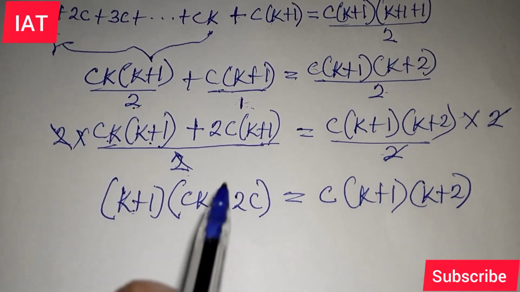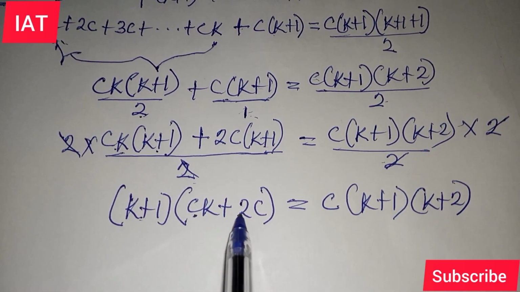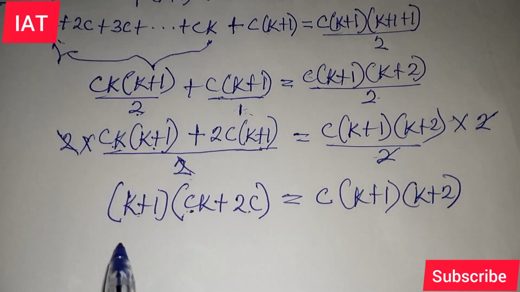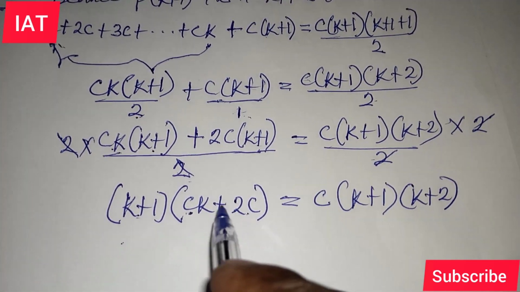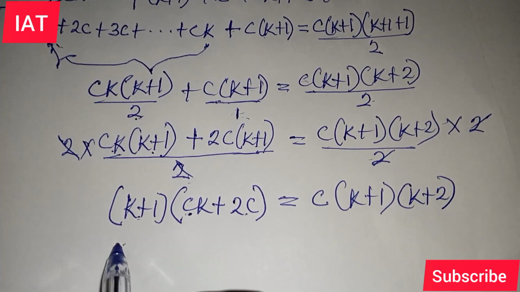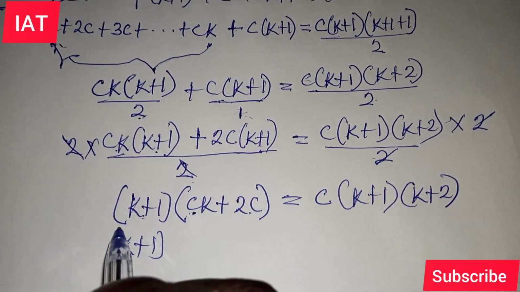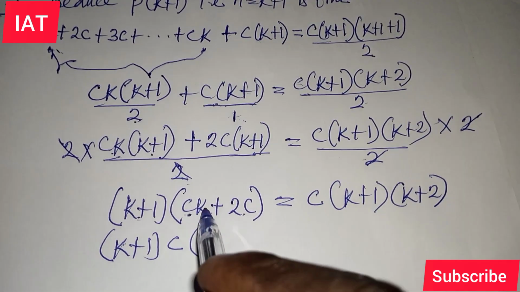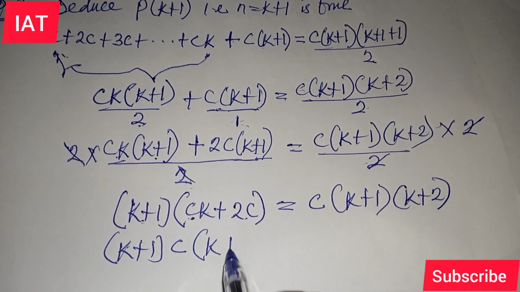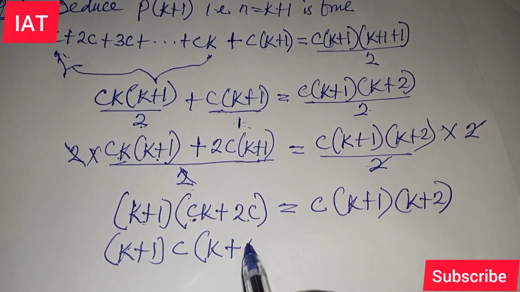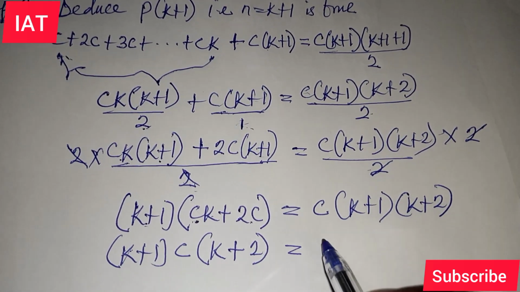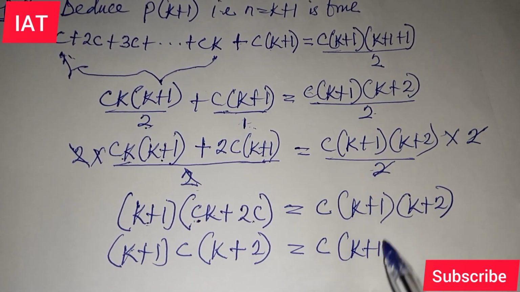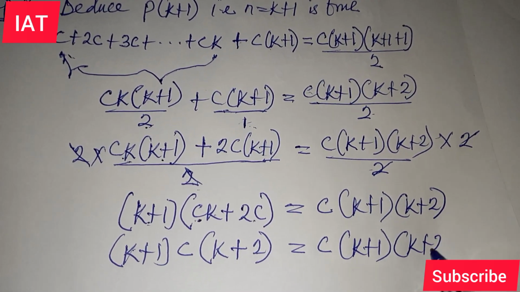So finally, you check on this particular bracket, you notice that c is common. So we can decide to put that c outside, or if you want to put it here, it's still okay for better understanding. C is common, so I'll bring that c out. So what will be remaining here when you remove c is k. What will be remaining when you remove c is 2. And this is also equal to c into k+1 into k+2.